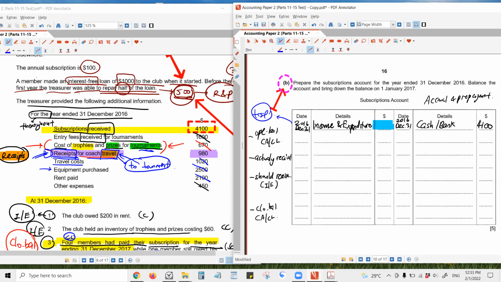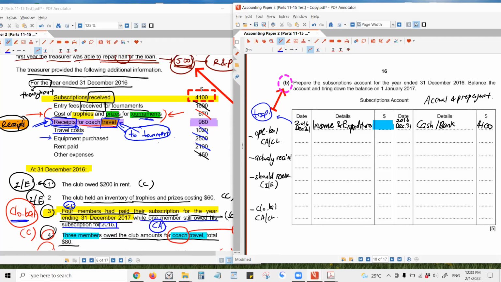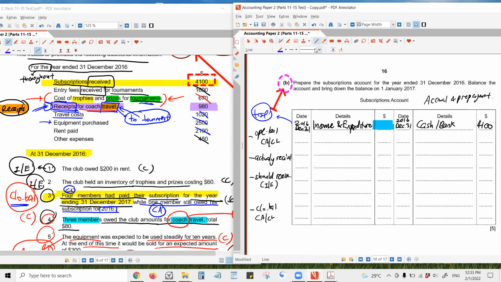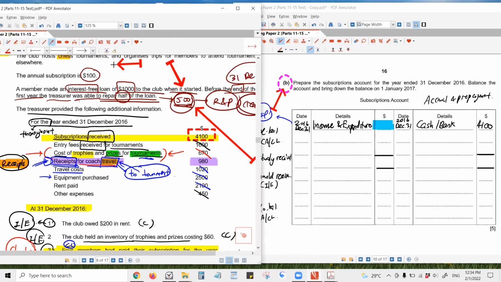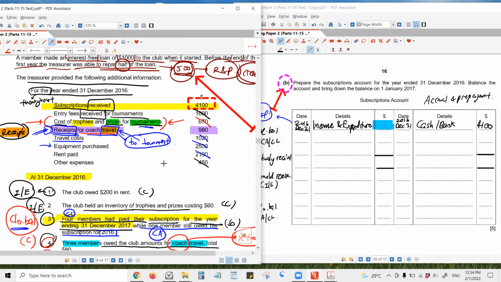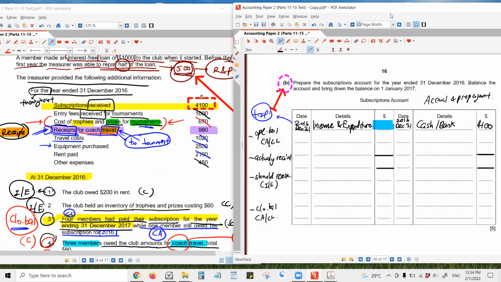Okay, then look for the 2 balances that we found out just now, from the lines. 4 members, current liability. So every member should pay how much? 100, right? Just now we saw. Every member should pay 100. Therefore, 100 times 4, 400. You write 400 here because it's a current liability.